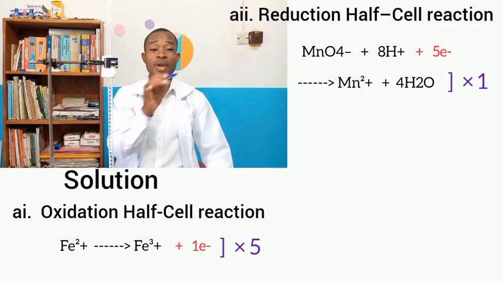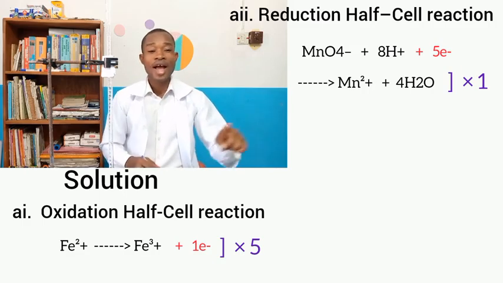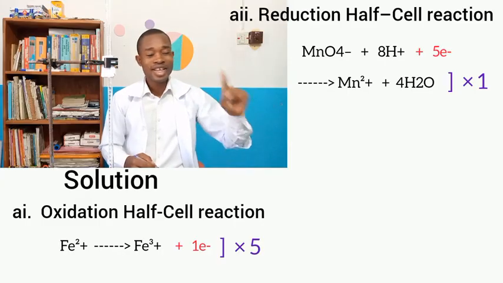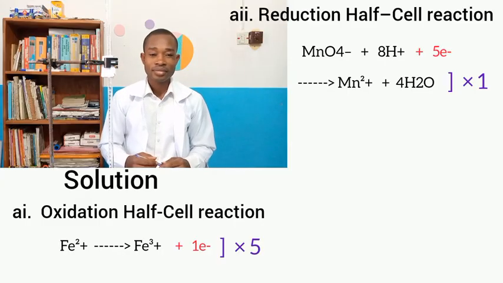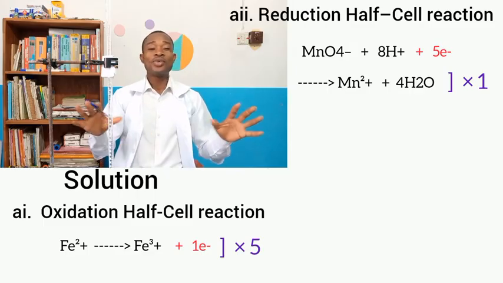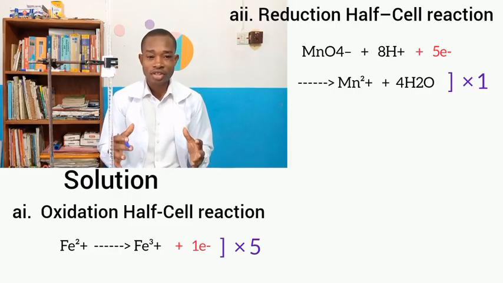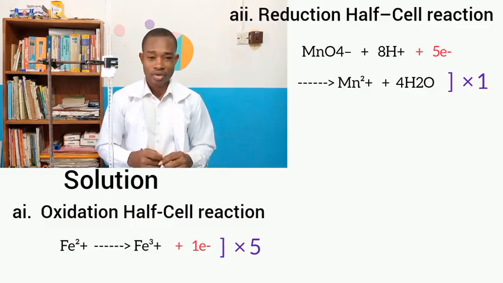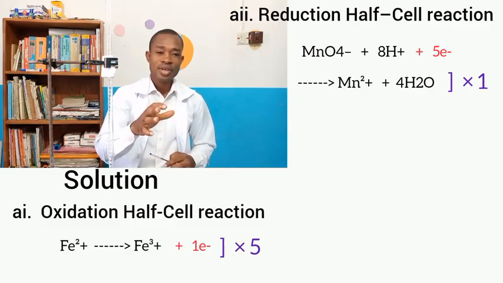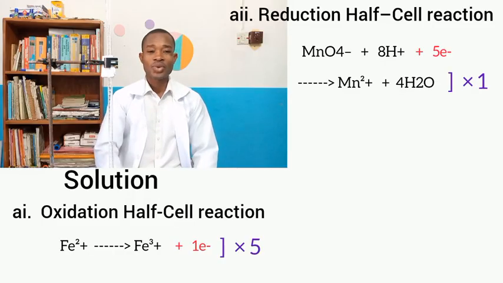This reaction, we are going to multiply it by 1. So I have a square bracket there closing, then times 1. And so we are done formally with our half cell redox reaction equation for this redox titration experiment, both for the oxidation reaction and for the reduction reaction, answering our A part of this question.